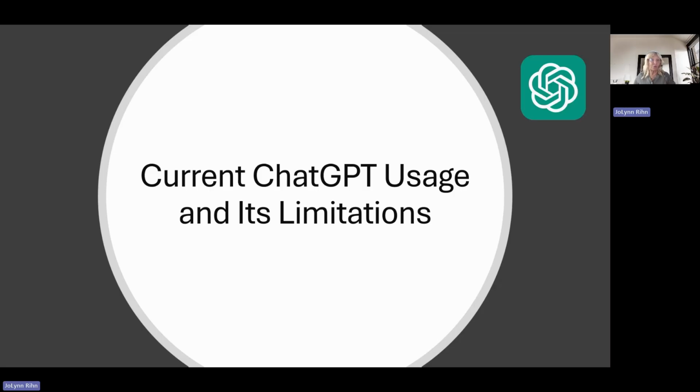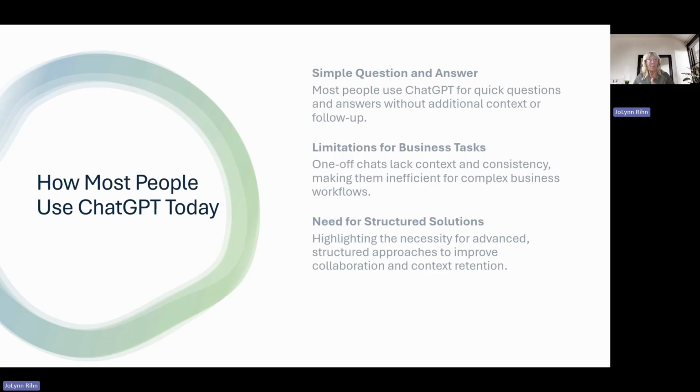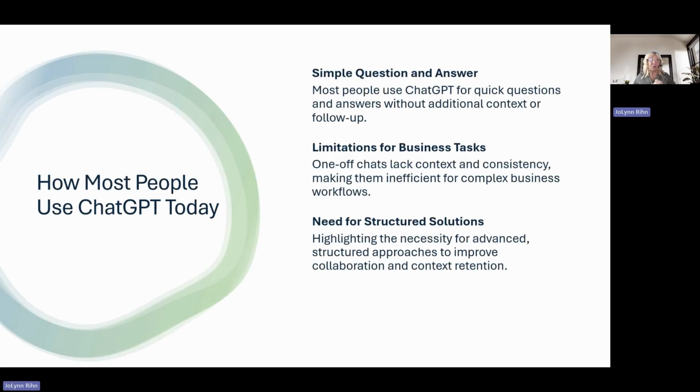So yes, that works great at first, but it creates friction when tasks repeat, when consistency matters, or when multiple people are involved. This is where the limitations really start to show with the one-off prompting that we do.